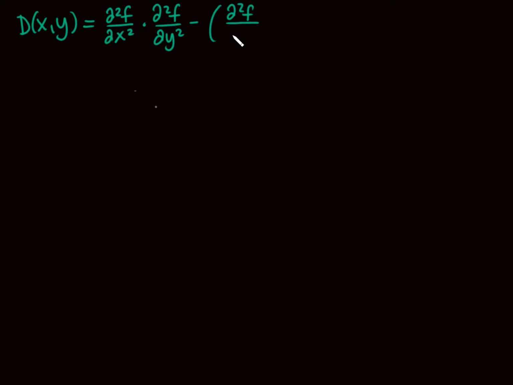If you look on page 365, that shows the second derivative test, and we have this new function, D of x y, which is the second partial with respect to x times the second partial with respect to y, minus the second partial of f first with respect to y then with respect to x, quantity squared.